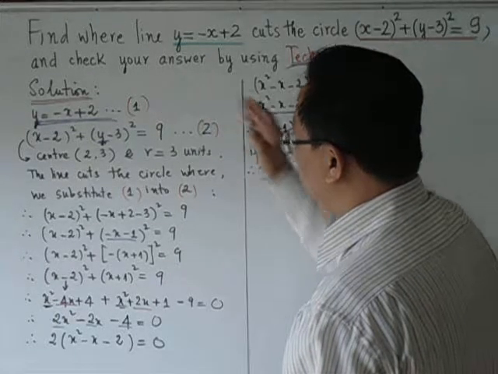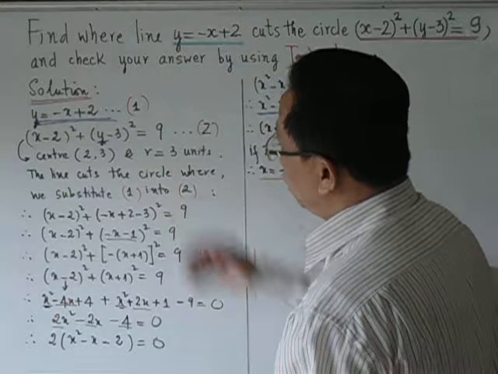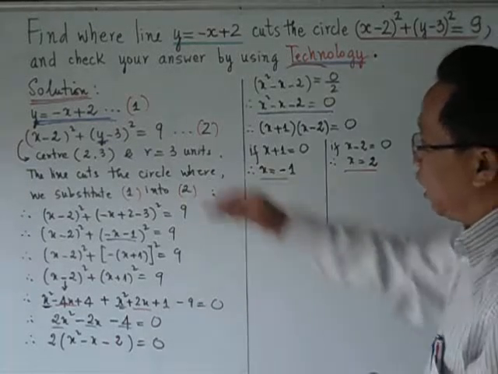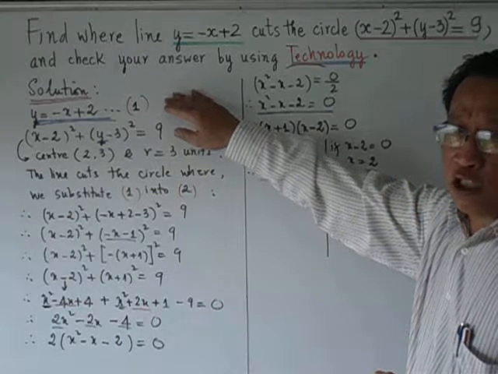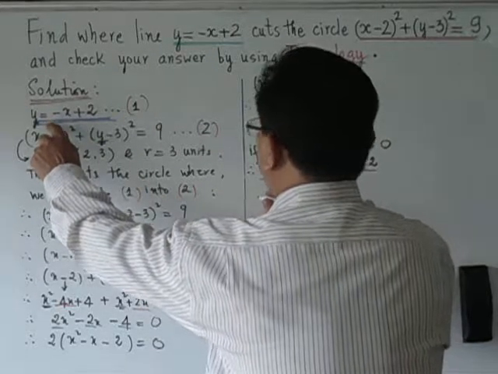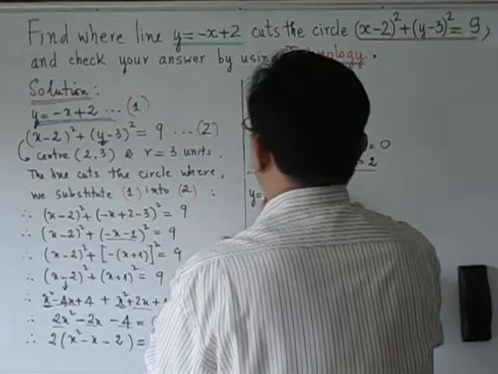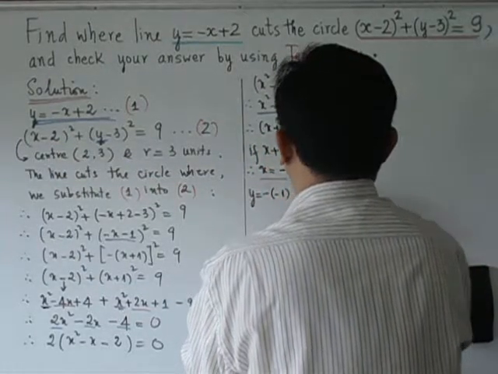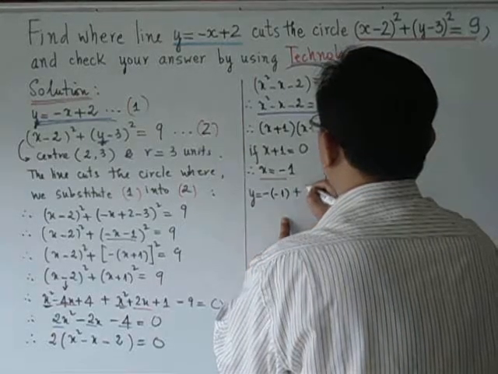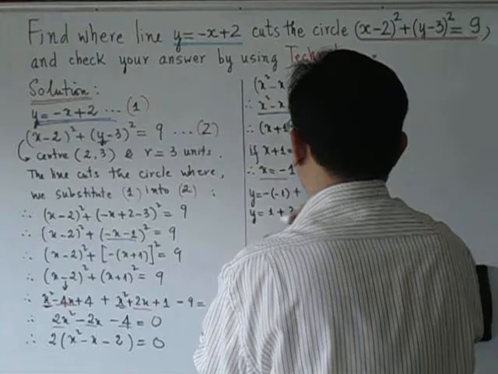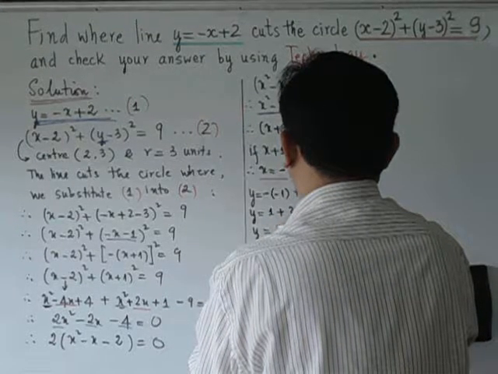It means substituting them into the linear equation, the straight line here. So we have y equals minus x, it means minus (minus 1) plus 2, y equals 1 plus 2, y equals 3.